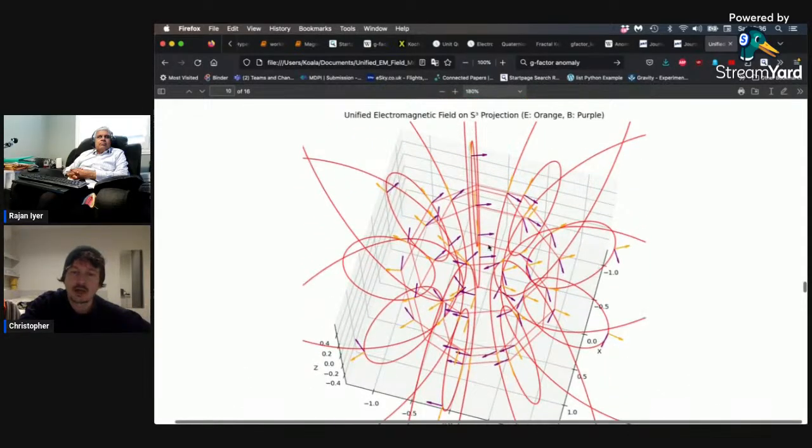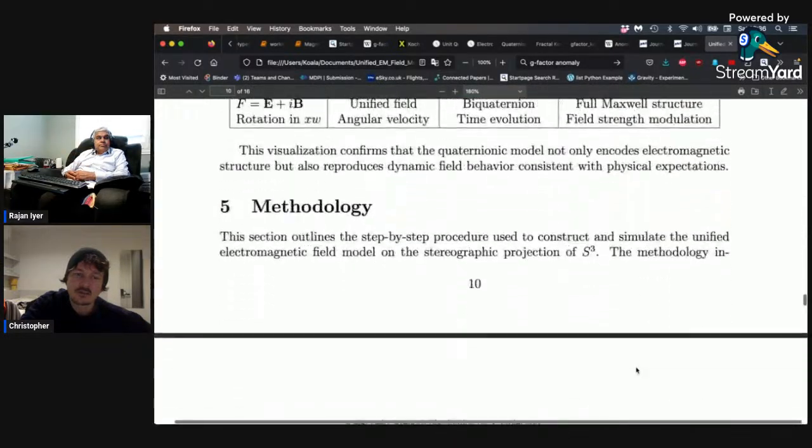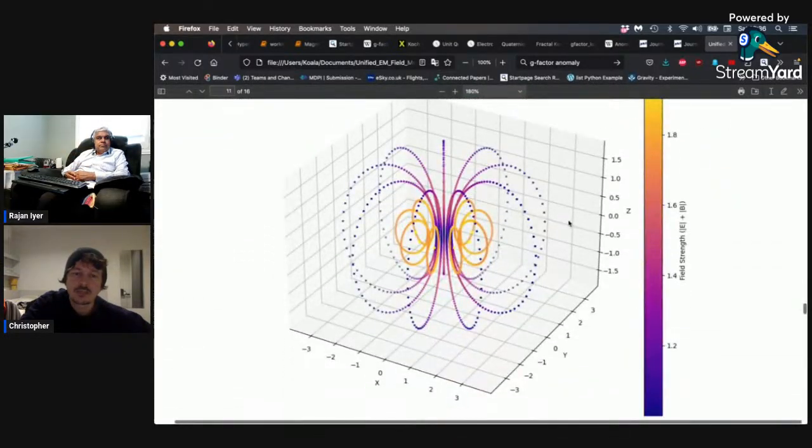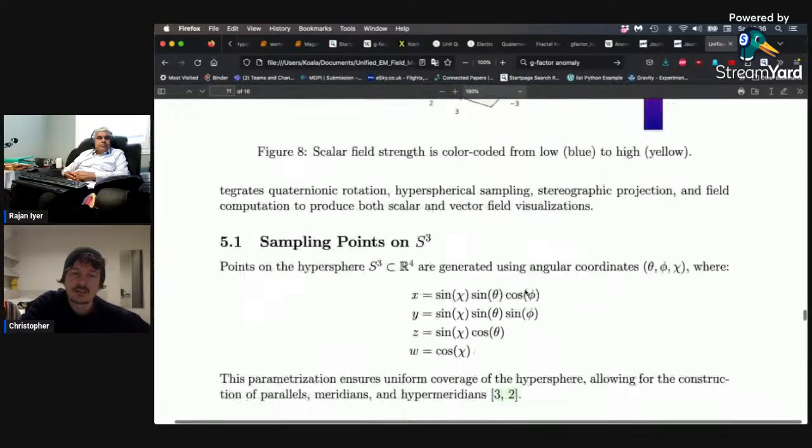So this was my first attempt. But we can see that there's some issue with this, because this is going outwards, but this is orthogonal. So these field lines aren't correct. They need to be redone. And then we can generate intensity plots.